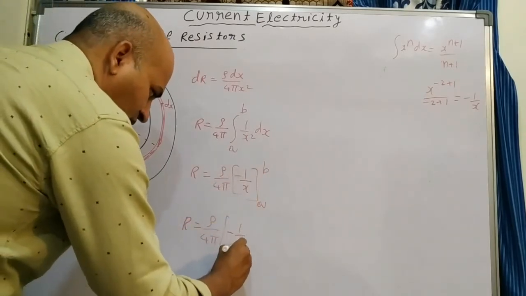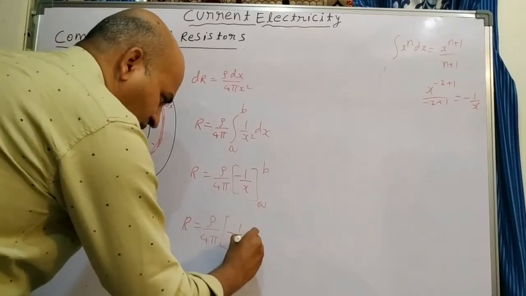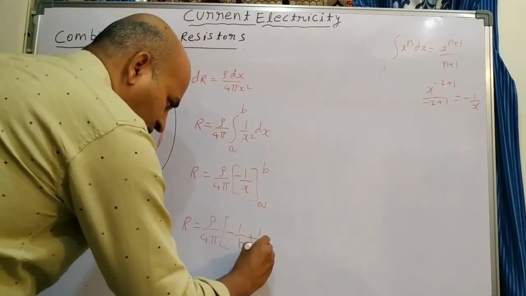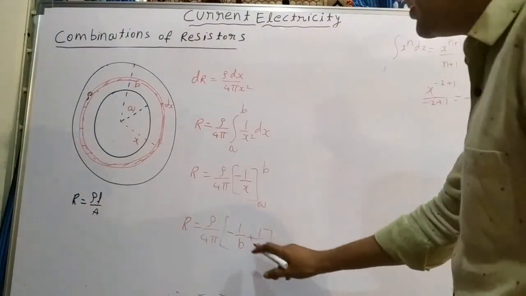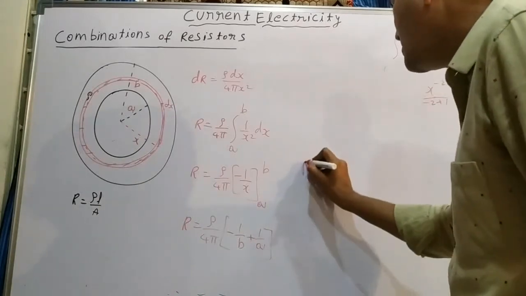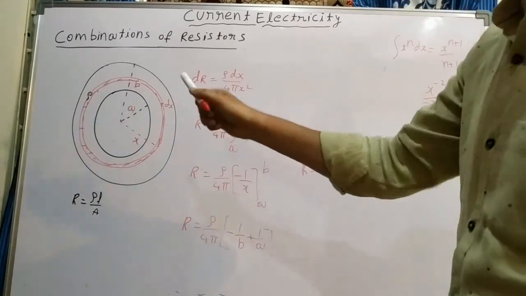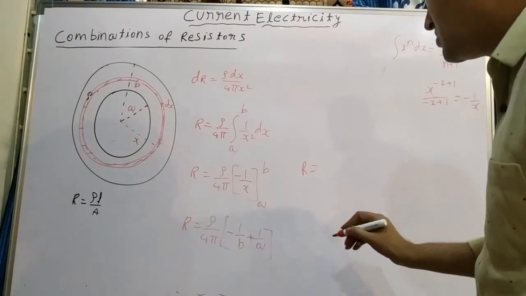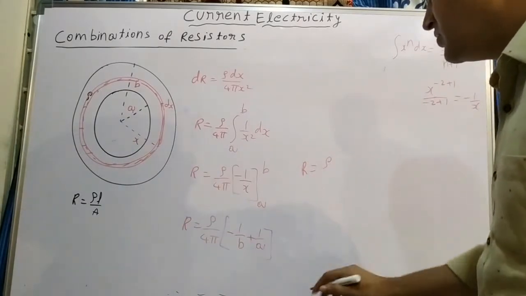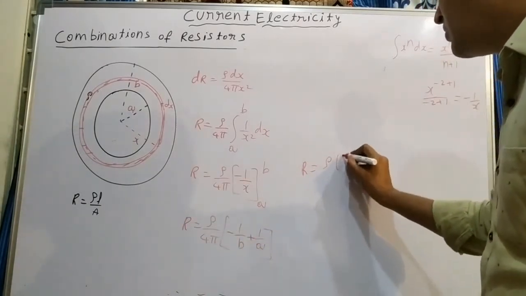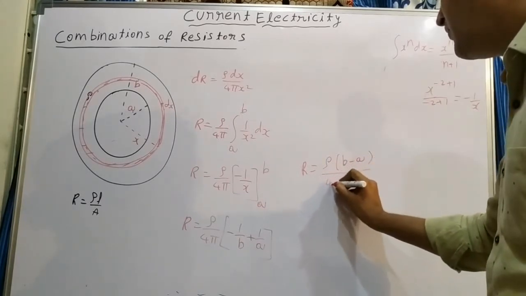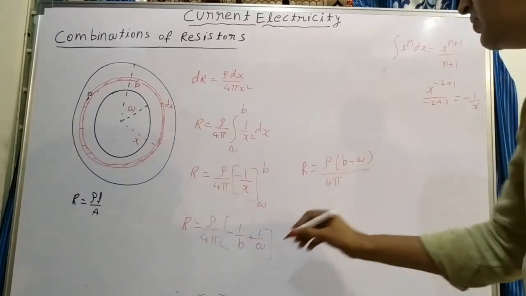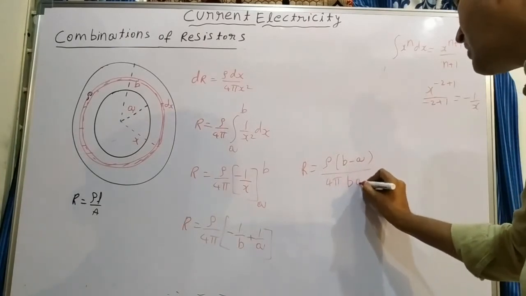Minus 1 by B, minus, in formula here minus 1 by A, so plus 1 by A you get. From this, make it LCM, that you get B minus A. So the resistance from inner to outer surface of the sphere is rho into B minus A by 4 pi into AB, or BA. Okay, right.